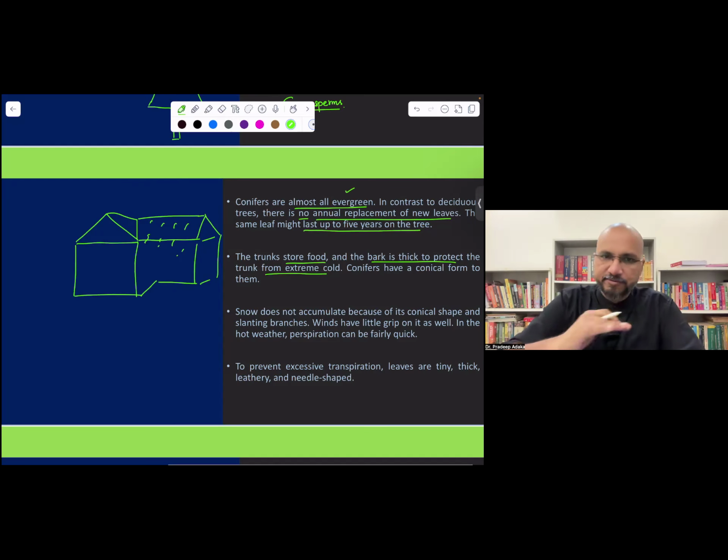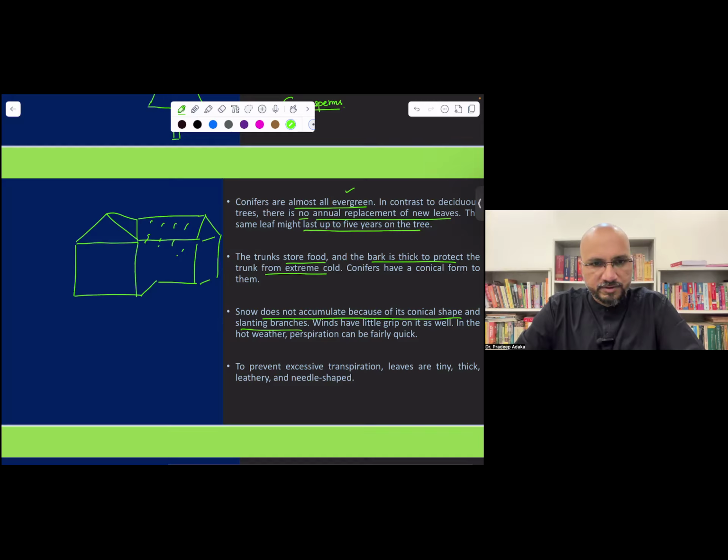In other parts, we have flat roofs, right? So trees are also conical in shape because the snow can easily slide down. Snow does not accumulate because of the conical shape and slanting branches. Winds also have little grip on it.